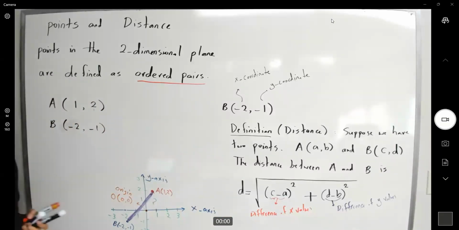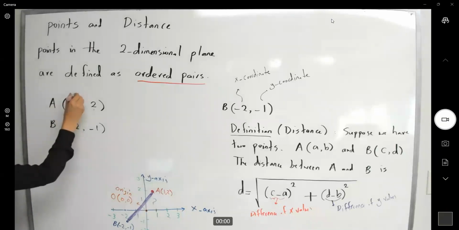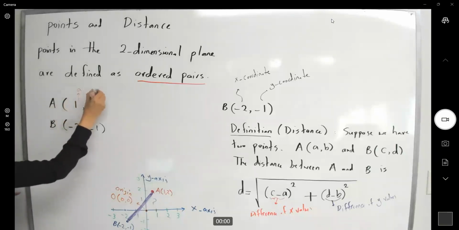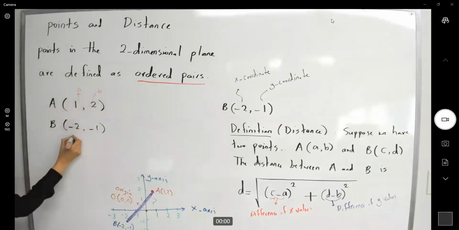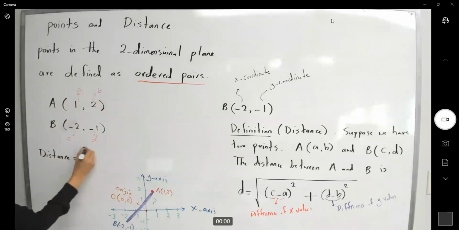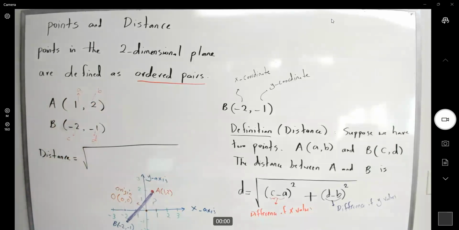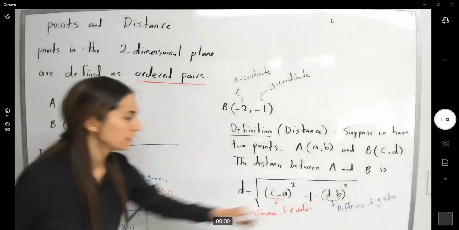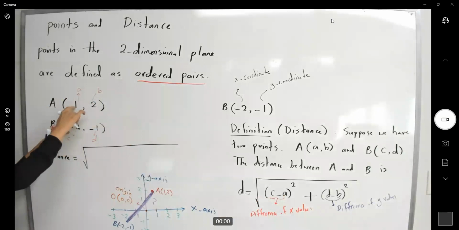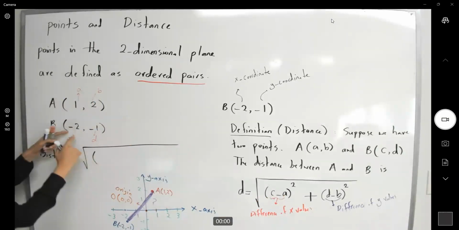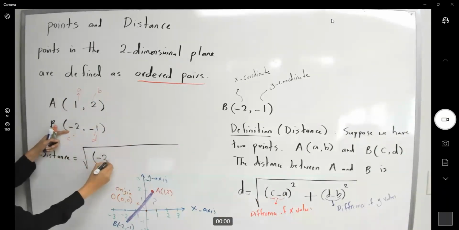So you can label them for simplicity. You can say that, hey, this is my A, this is my B, and this is my C, and this is my D. Okay. So the distance is equal to square root of, well, C minus A, C minus A, parentheses, your C is -2, copy this down.